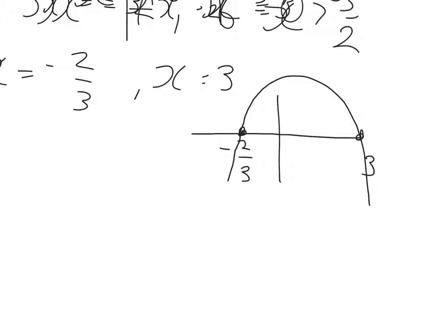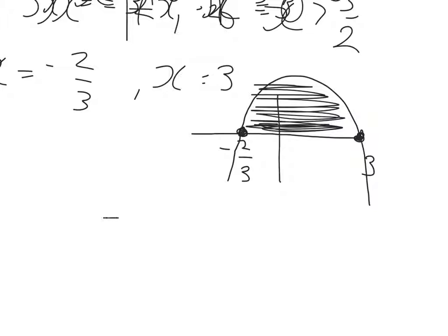In terms of whether it's greater than or equal to 0, that's above the x-axis. So that's the closed interval between minus 2 over 3 and 3, but also because it's greater than or equal to 0, including those. And that's between and including minus 2 over 3 and 3. That's the final answer.